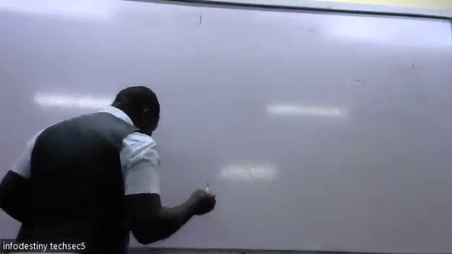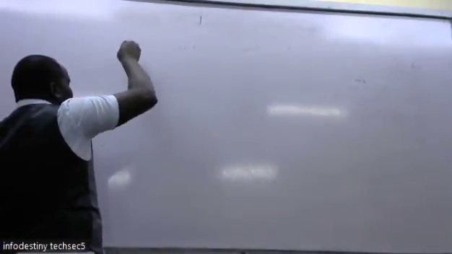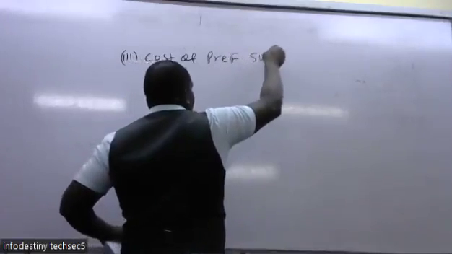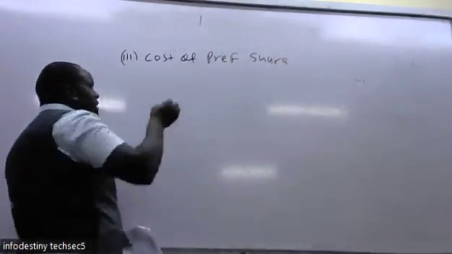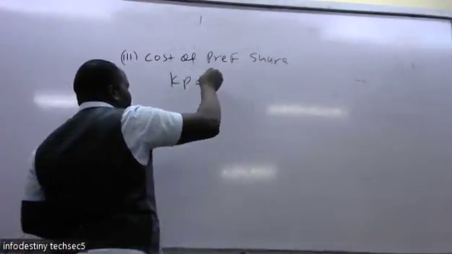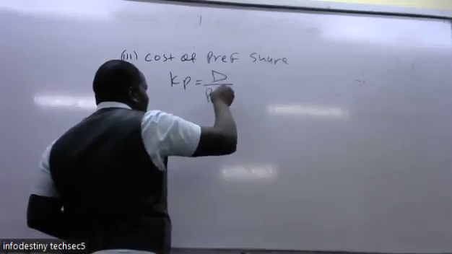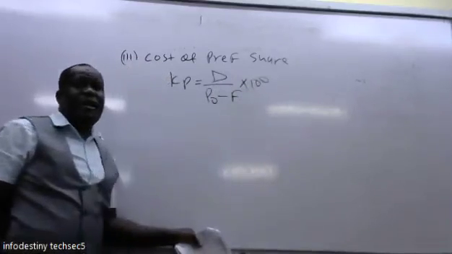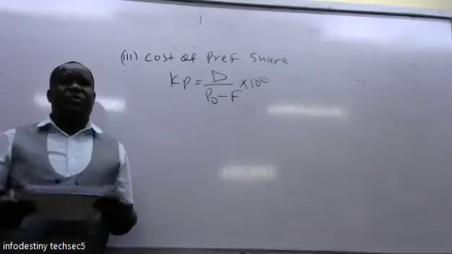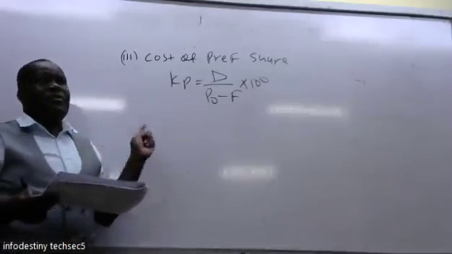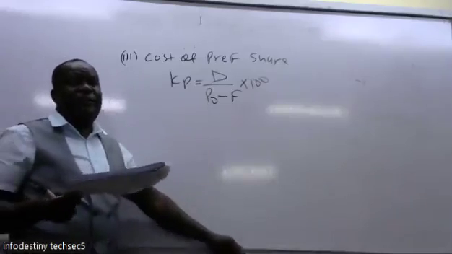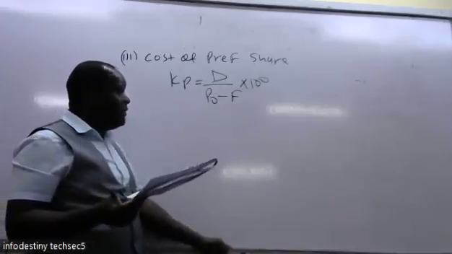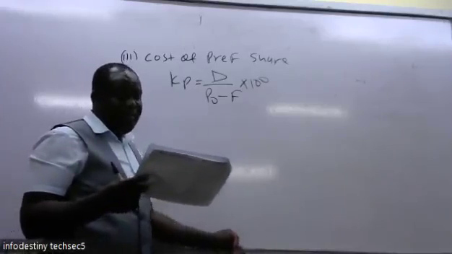The cost of the preference share is KP. It is D divided by P0 minus the flotation cost. Then we show it as a percentage.